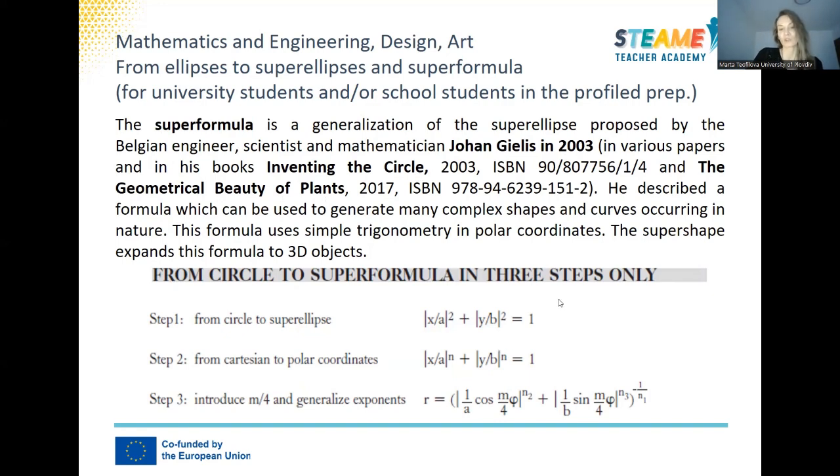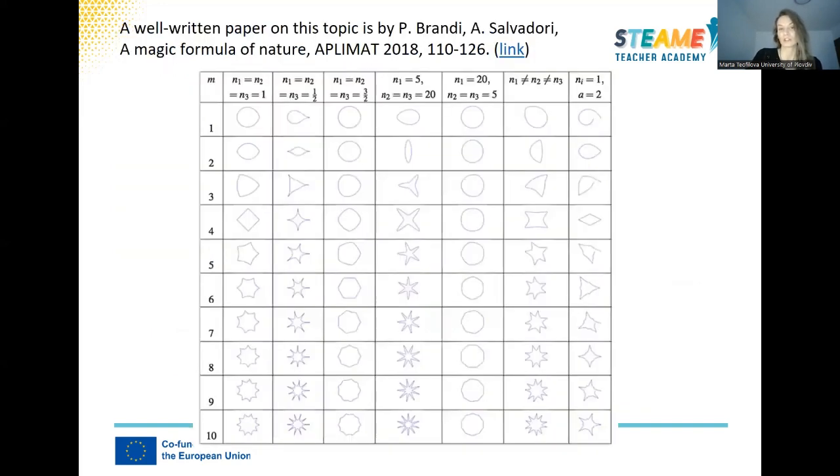Here is the formula of the super ellipse. And here is his generalization, which is called the super formula.